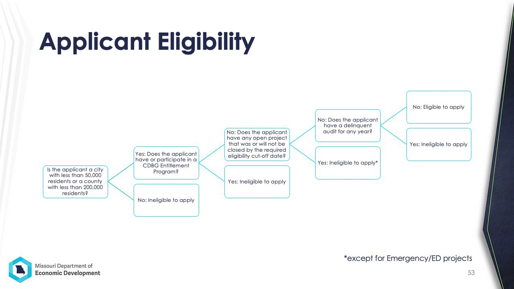Number 1, is the applicant a city with less than 50,000 residents or a county with less than 200,000 residents? Number 2, does the applicant have or participate in a CDBG entitlement program? Number 3, does the applicant have any open project that was or will not be closed by the required cutoff date listed in the application guidelines? And 4, does the applicant have a delinquent audit for any year?